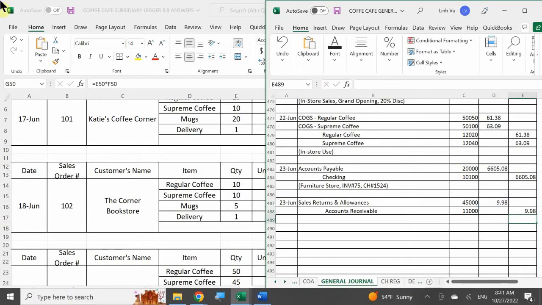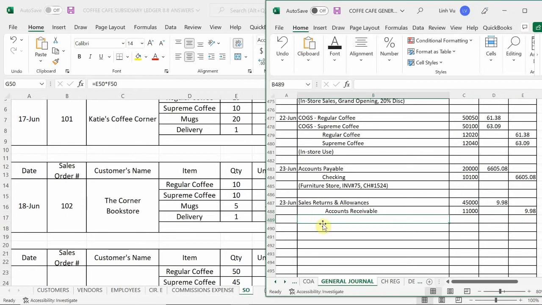And he wants us to apply it to his invoice number 102. So in this case, we have all the information we need. This is the corner bookstore. We're going to go ahead and do invoice 102 with the letter C because we're going to apply the credit to his invoice.